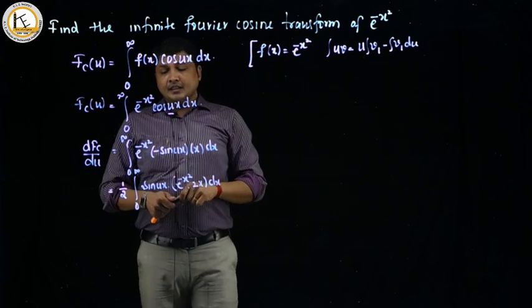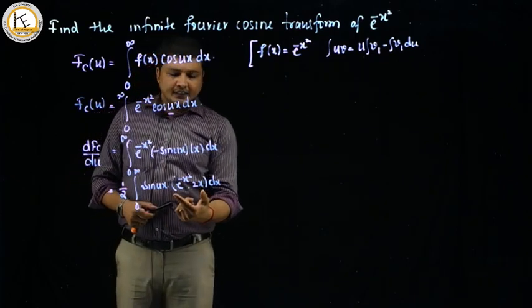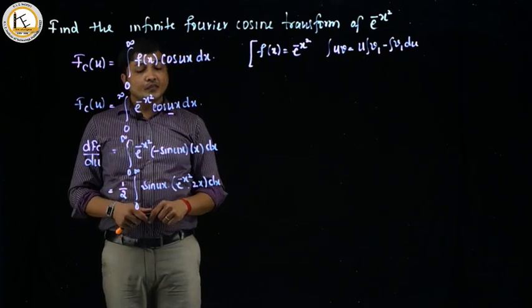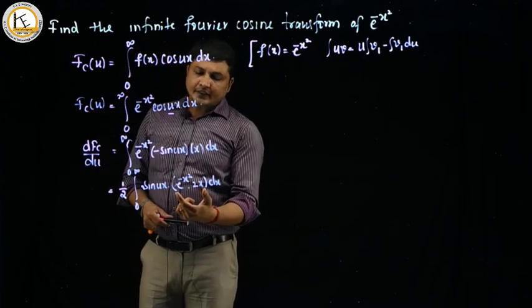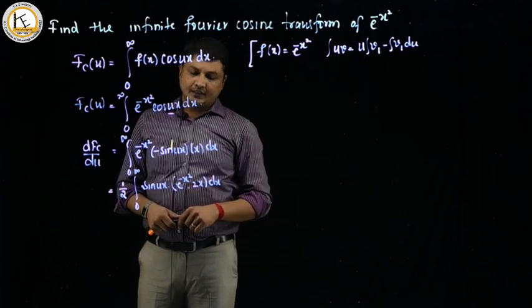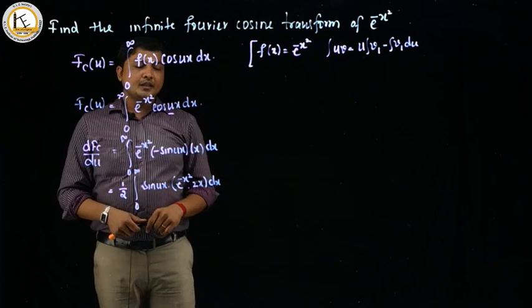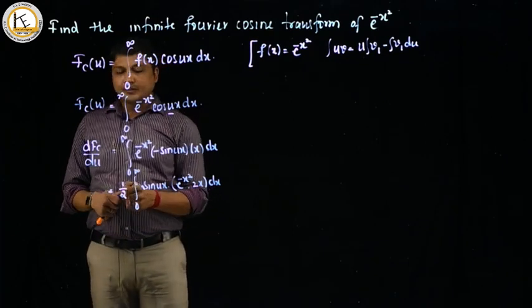It means that here we are taking sin ux as u and e raised to minus x square into 2x as v. We don't have the formula for integration of e raised to minus x square into x. That's why we multiplied the numerator and denominator by 2. Again, if you cancel this 2 and 2, you will get the previous step.